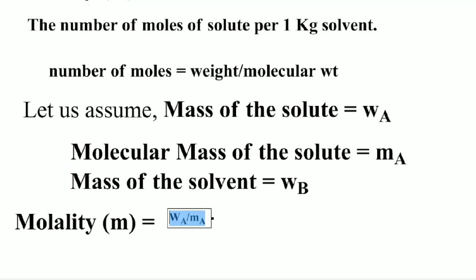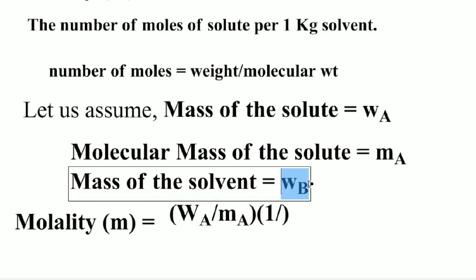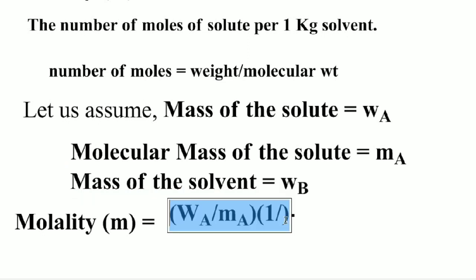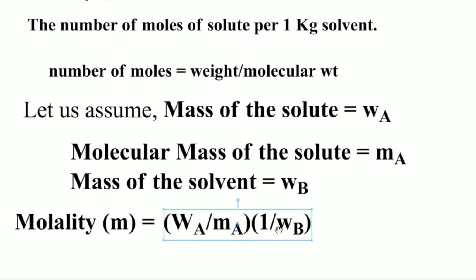WA by MA is the number of moles of solute. Per 1 kilogram of solvent, here we assumed the weight of the solvent in kilograms is WB. Therefore, WA by MA into 1 by WB is the mathematical form of molality.